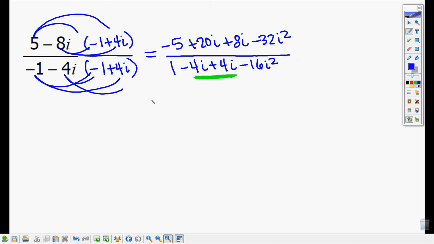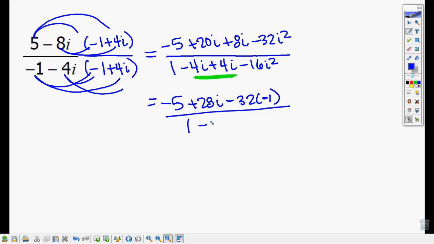Okay? So, again, we're going to combine those i terms and replace our i squared with negative 1 in the same step. So I'm going to have negative 5, 20i plus 8i is 28i, minus 32 times negative 1, all over 1, and these two center terms, positive 4i and negative 4i, go to 0, minus 16 times negative 1.